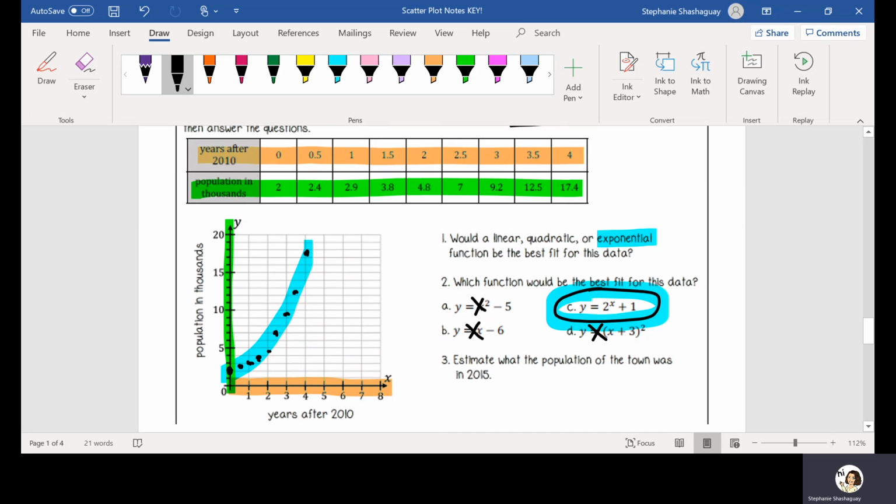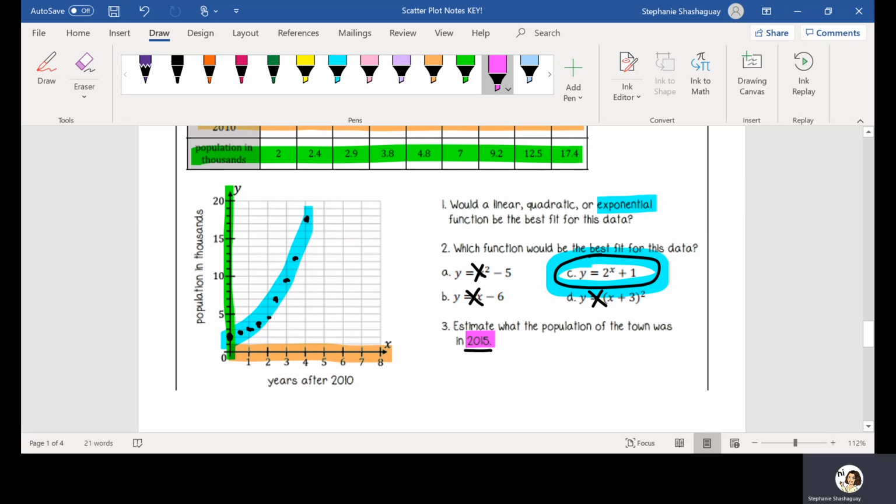Okay, it's key to note that it's not asking us to plug in 2015 for x, but we need to figure out how many years it's been. So that means our x is going to equal 2015 minus 2010, which is equal to 5. So I'm going to plug in that value of 5 in for my exponent in the function.